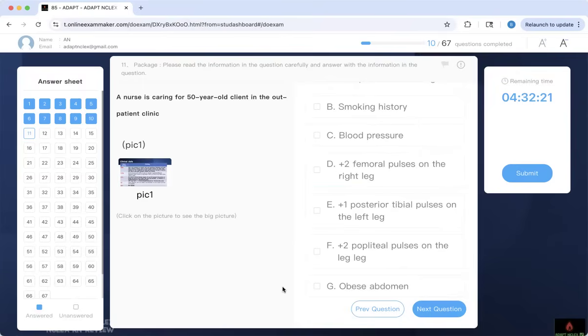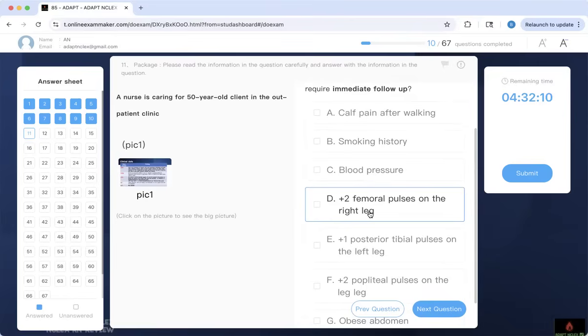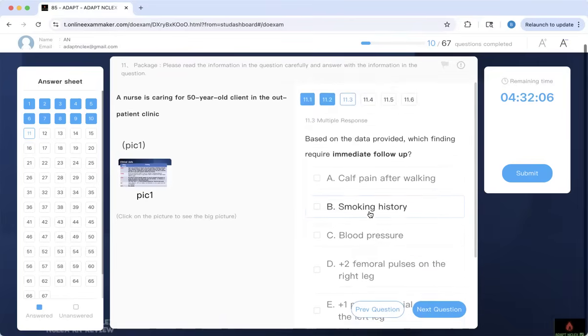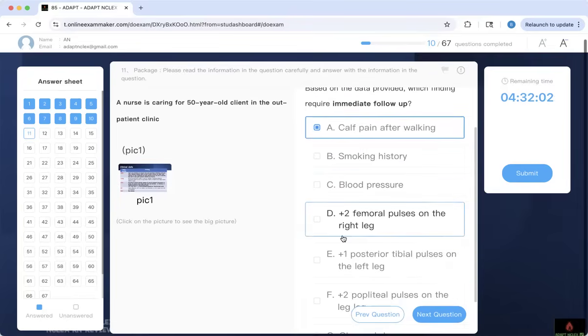Clue, write this down. If they say which one should be concerning or needs immediate follow-up, it means you can do something about it. Calf pain after walking, well, I can do something about it. I can teach them. I'm worried about it. They are smoking, well, it's not going to go away right now, so I'm not going to worry about it.